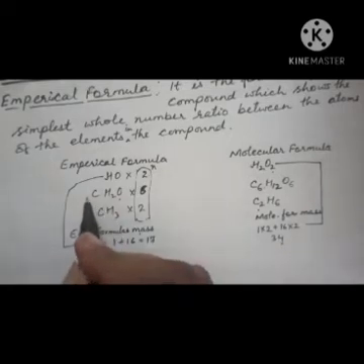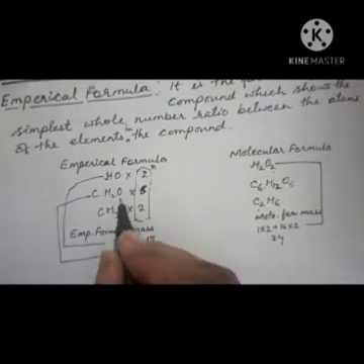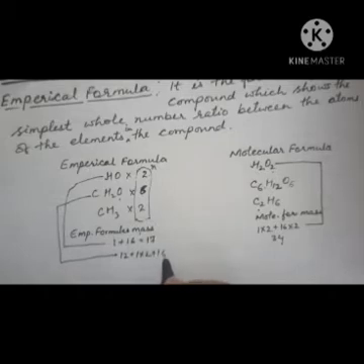Let's do another one. Here carbon atomic mass is 12 plus hydrogen 1 into 2 plus oxygen 16. That is your 30. The empirical formula mass of this CH2O is 30.